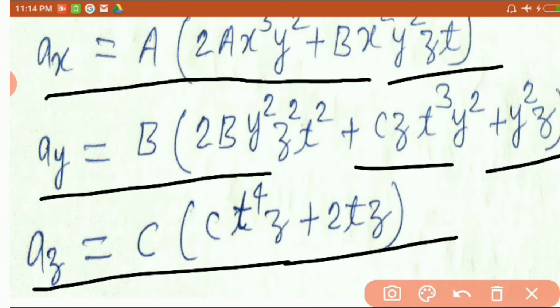We calculate here the acceleration components or acceleration of fluid particles of a fixed identity.